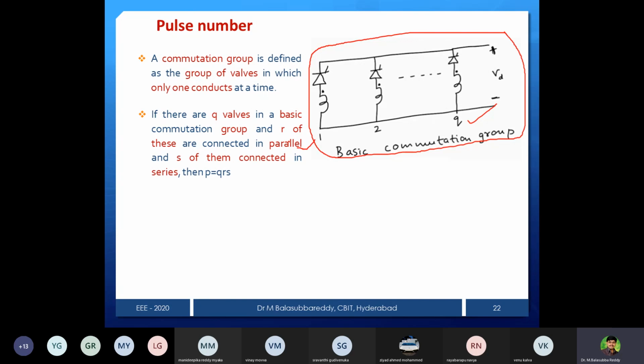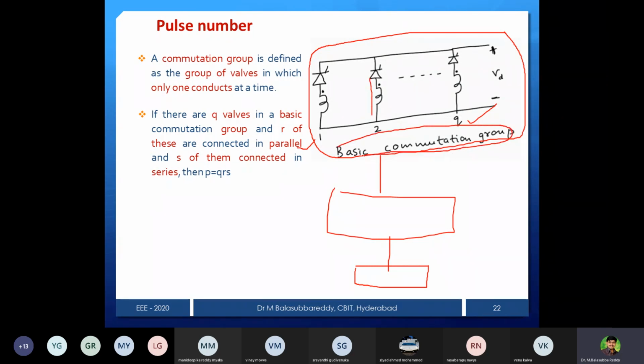If you connect this setup, and another same setup like this, this is one group. This total set I call one basic commutation group. Same, this is a second basic commutation group, and so on.